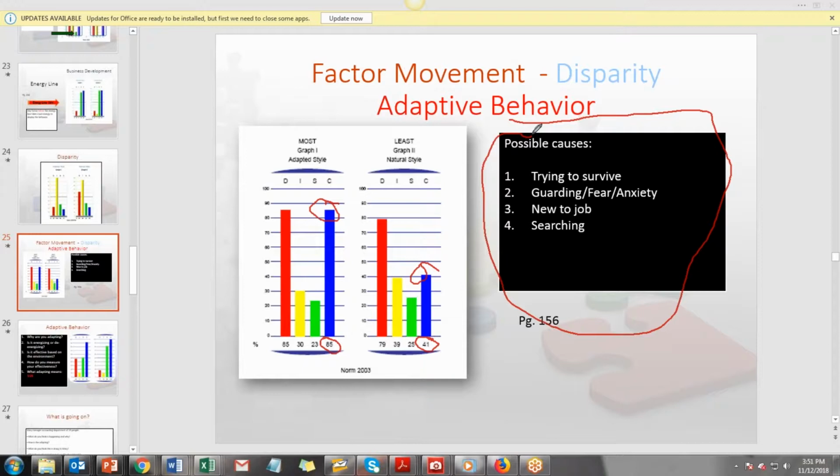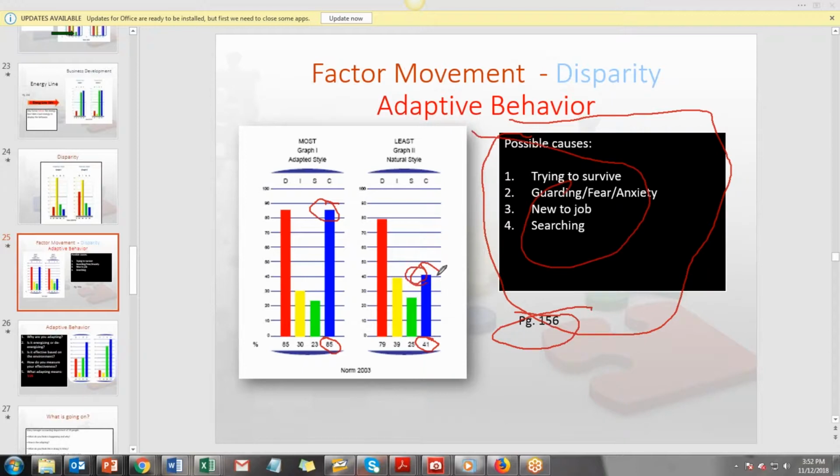The third one says don't understand the behaviors needed to be successful on the job. And the last one says searching to discover who they really are. Right. So if you see this on the exam, make sure you go to page 156 and give me those four possible causes.